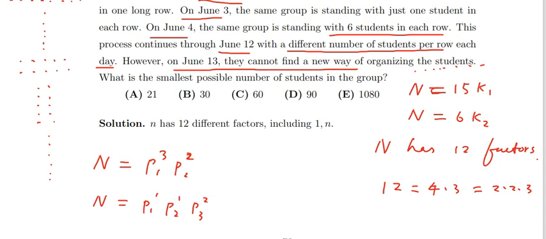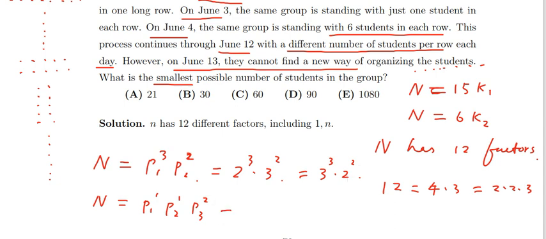We have so many such numbers, so we just check the smallest. We just check the smallest prime numbers. So this can be 2^3 times 3^2, or how about 3^3 and 2^2.